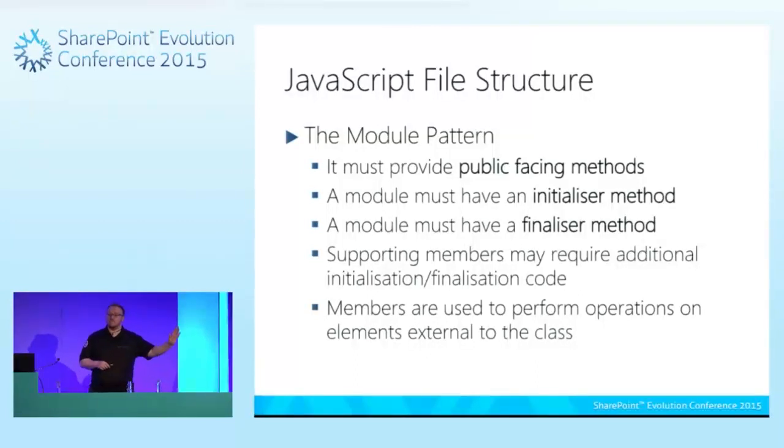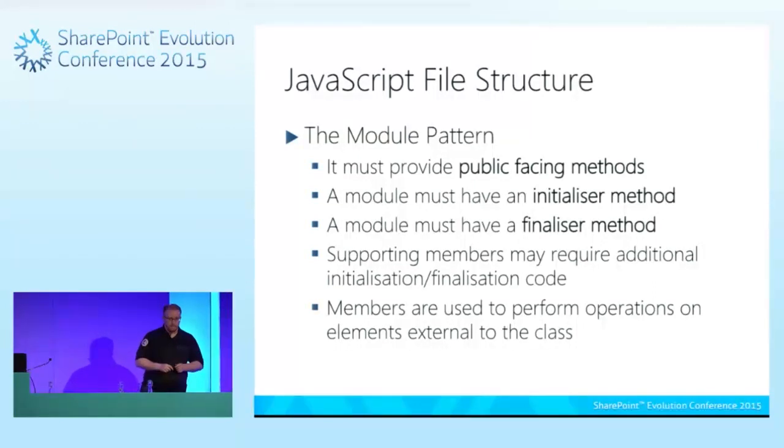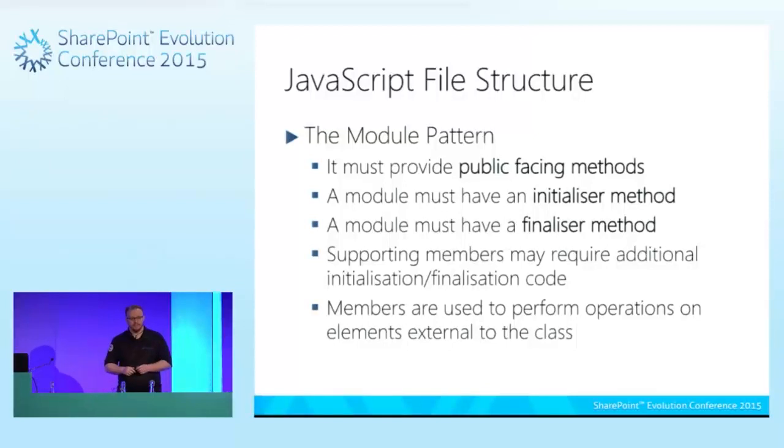And some methods that are in a different part of the namespace need to operate together. C# gives you this. JavaScript does not. But we can still use the same pattern. And that's why we turn to the module pattern, because it is implementable in any programming language.